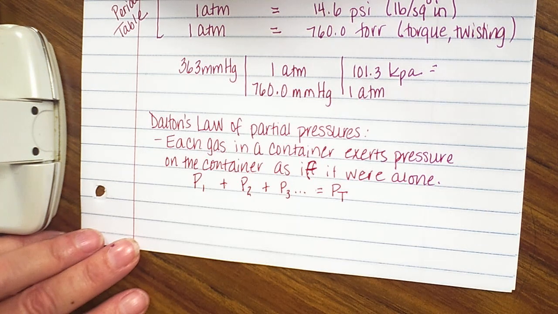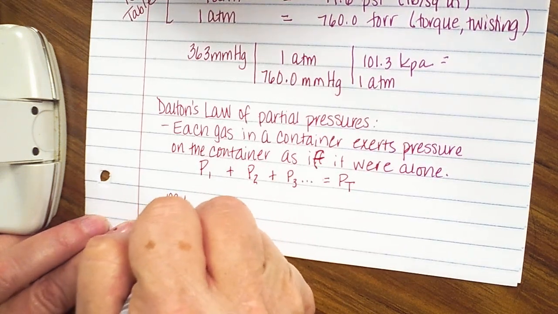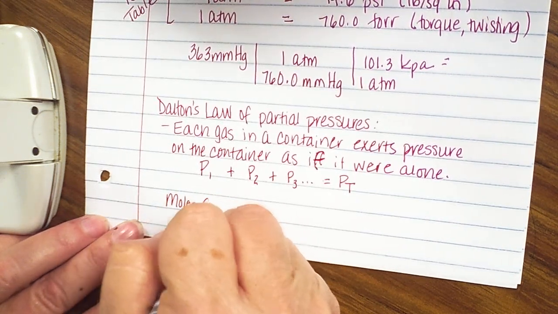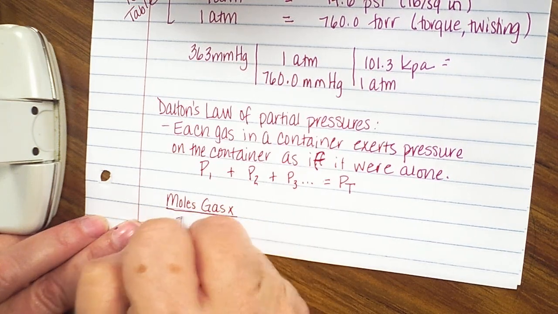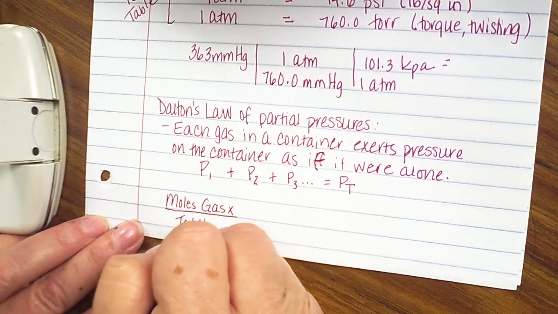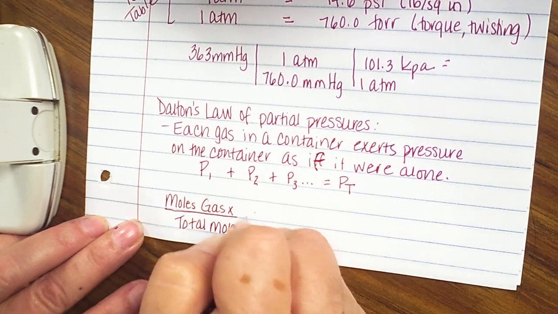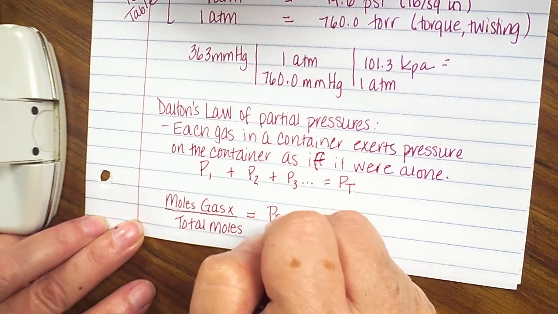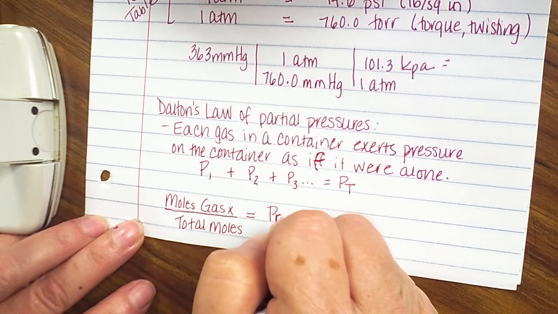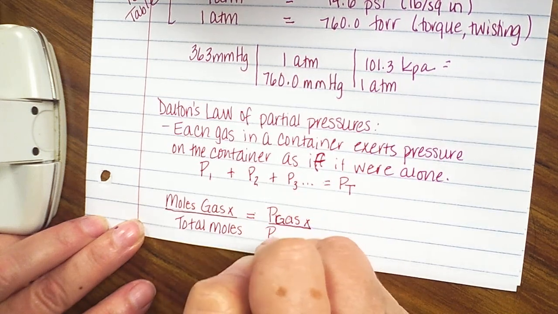The other thing is that the moles of gas X over the total moles in the tank is the same fraction as the pressure of gas X over the total pressure.